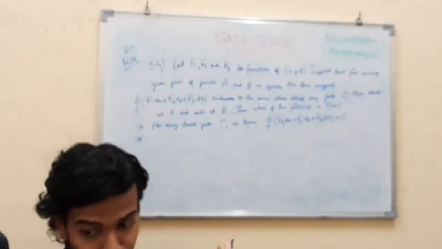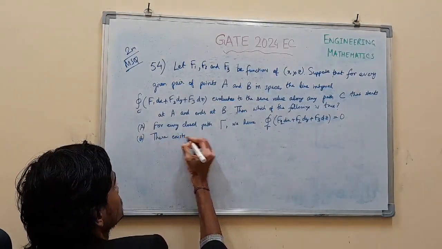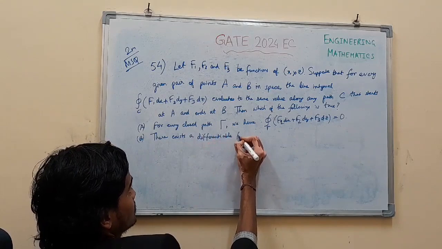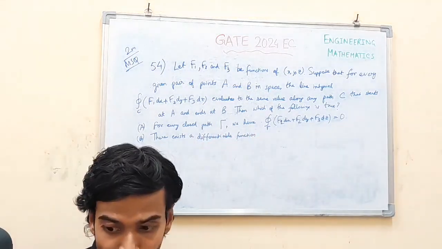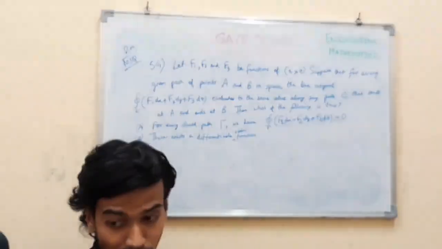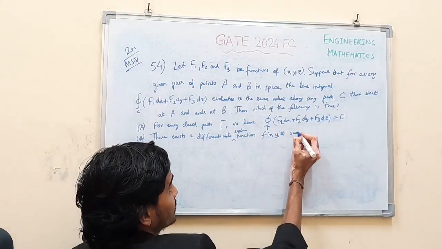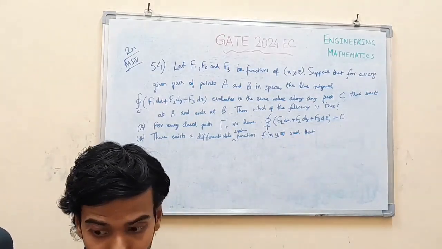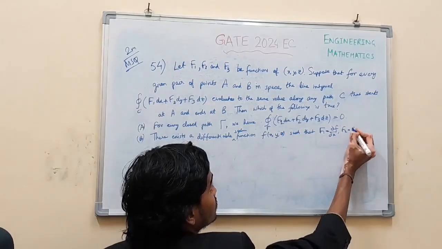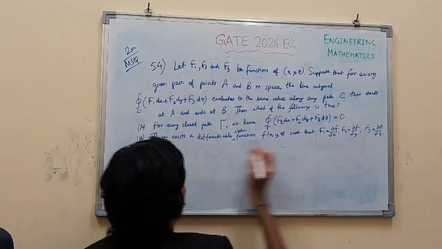Option B, there exists a differentiable scalar function f of x, y, z such that f1 equal to del f del x, f2 equal to del f del y, and f3 equal to del f del z.